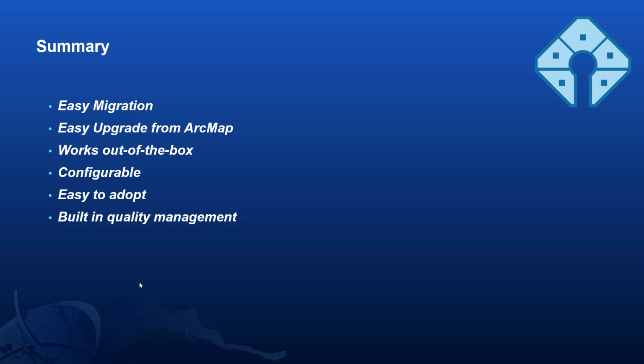And with the new Parcel Fabric, of course, it has built-in quality management, defined through topology and attribute tools that you again can extend to make sure your parcels are maintained with the highest quality available.